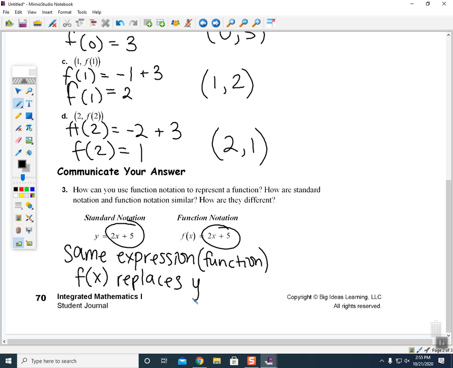Now the last thing that I want you to remember about this is that function notation includes input values and output values.